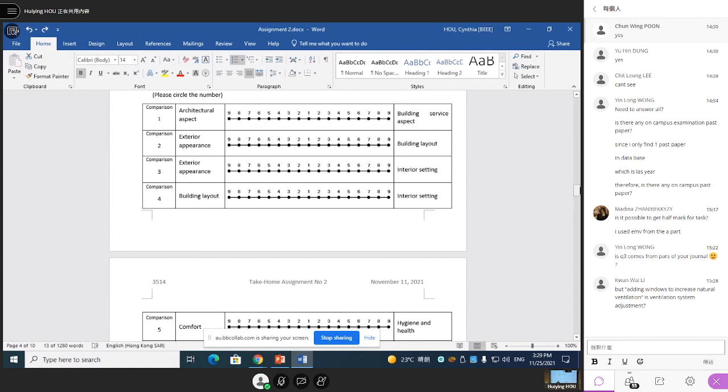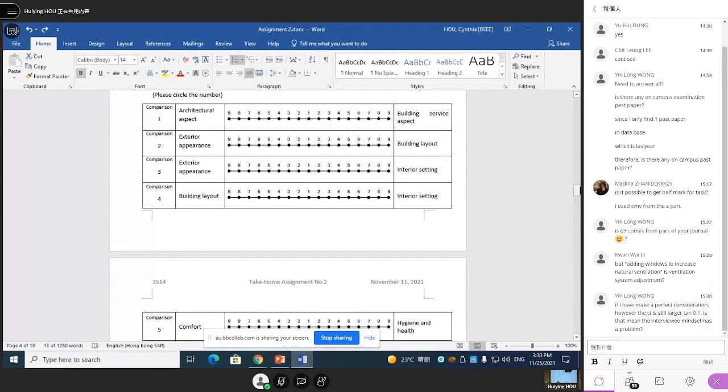So we calculate the CR and see whether it is consistent or not. If it is not consistent, we will ask that person to do it one more time, usually at least 3 times, to see whether this person will come up with a consistent answer. If not, we'll leave it, and maybe we just remove the answers from this respondent.